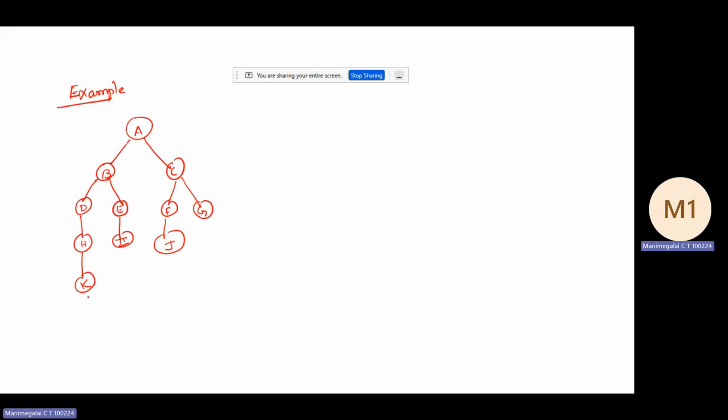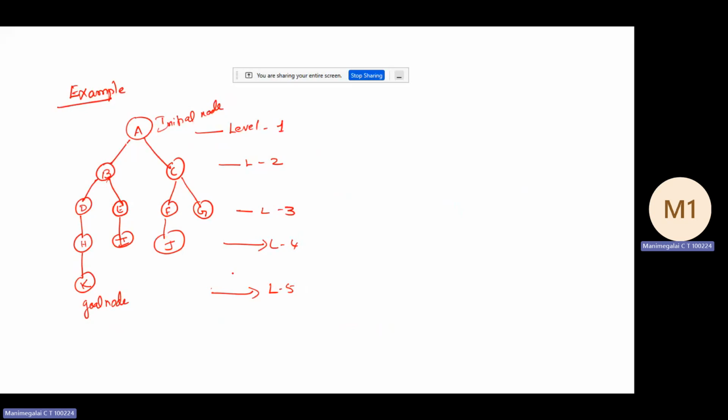Assume that this is the goal node, so it has to reach the K node. And this is the initial node, level 1, the initial state, and it has to reach the goal. Assume this to be level 1, and these two will come under level 2, this is level 3, this is level 4, and this K node is level 5.